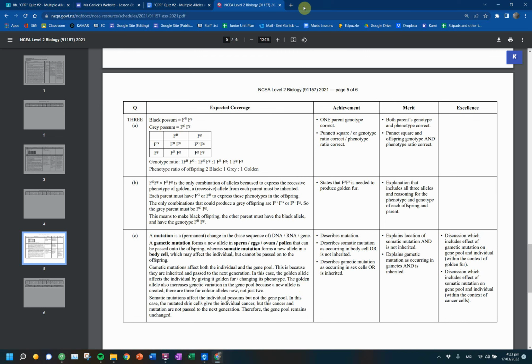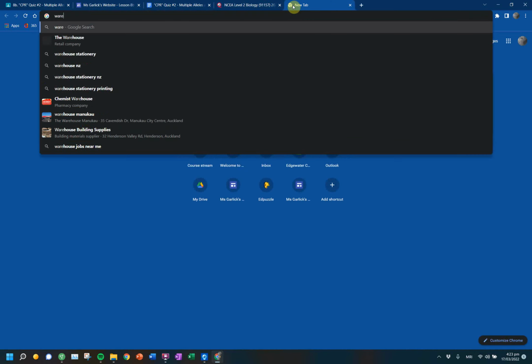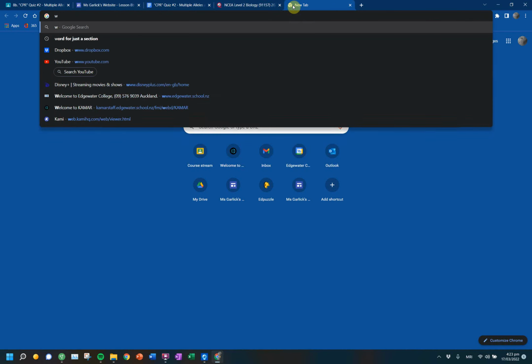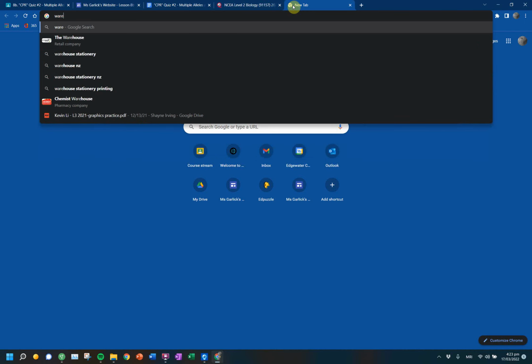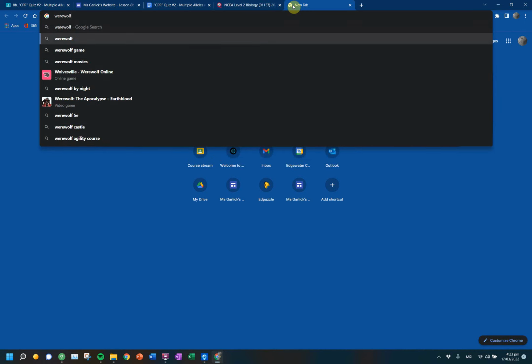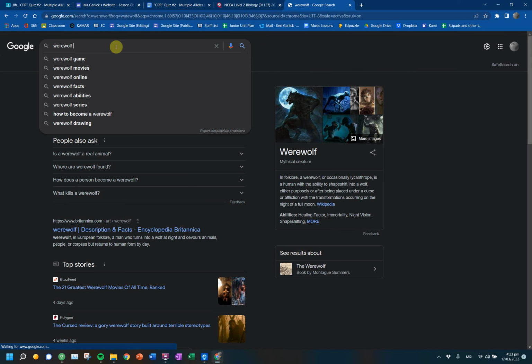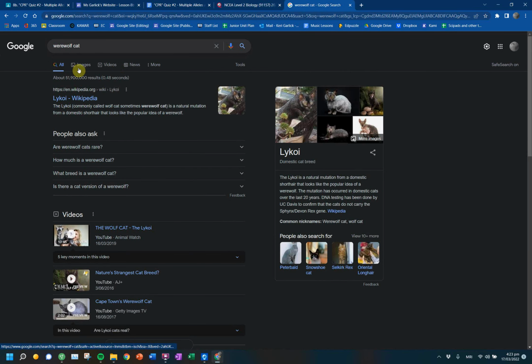A good example of that would be the werewolf cat. Why can't I spell werewolf? There we go. The werewolf cat is a good example of a new mutation. I'll just click on the Wikipedia page.